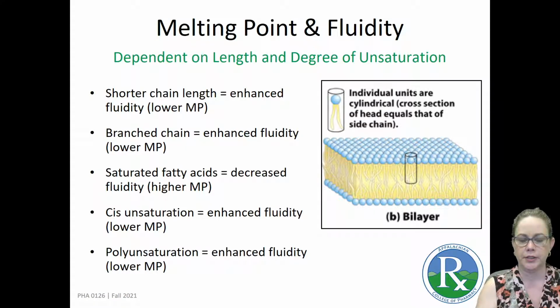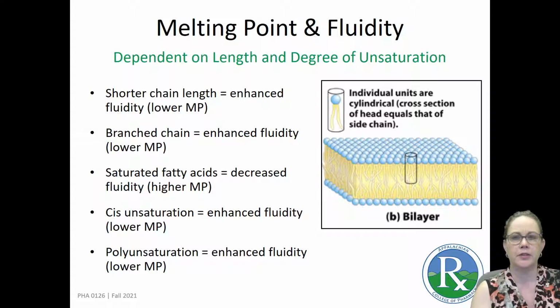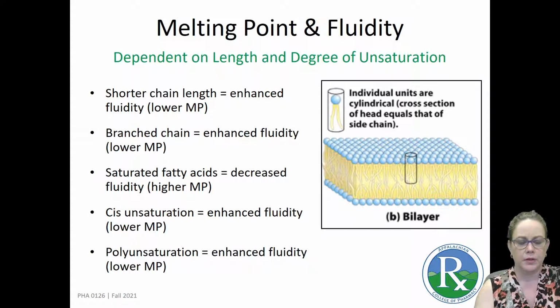Having a branched chain fatty acid will also enhance the fluidity and lower our melting point. Those branched chain fatty acids aren't very common in humans, but some bacteria do have them. Saturated fatty acids have a lower amount of membrane fluidity or a higher melting point.